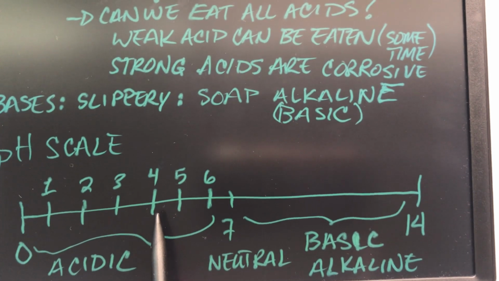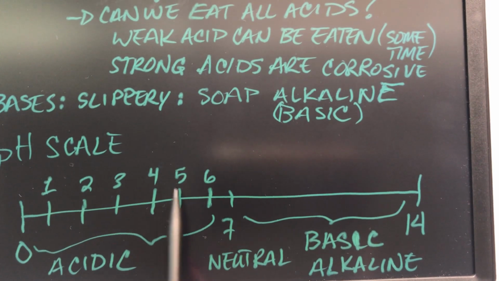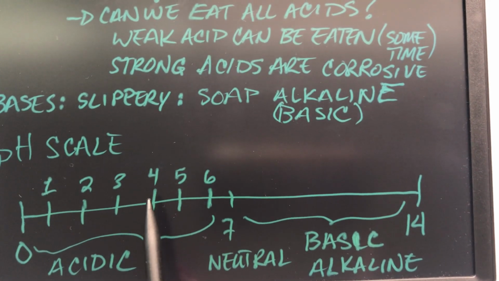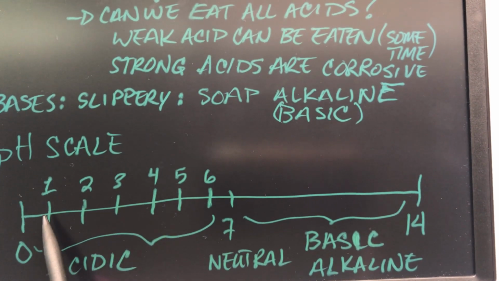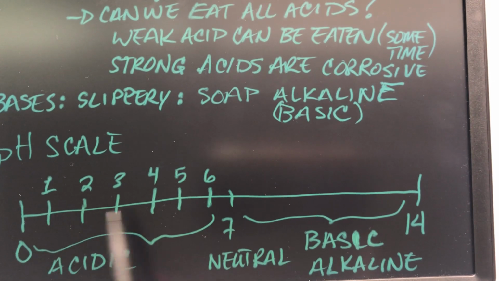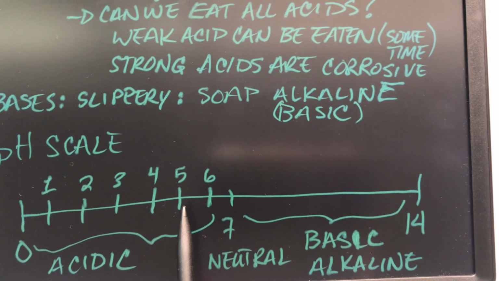More basic. Does everybody see why? Even though we're still in the acidic range, going from a low pH to a higher pH means we're getting more basic. Everybody comfortable with that?